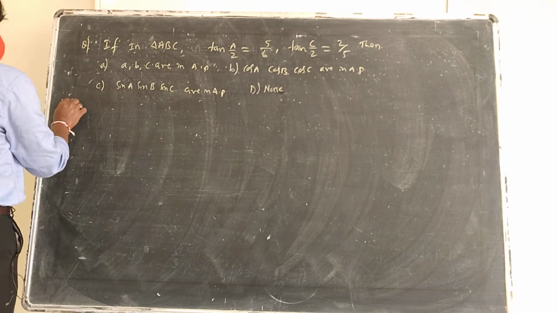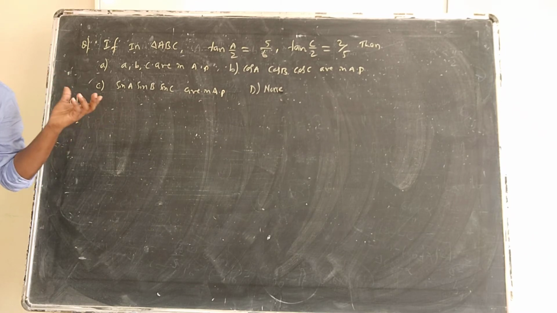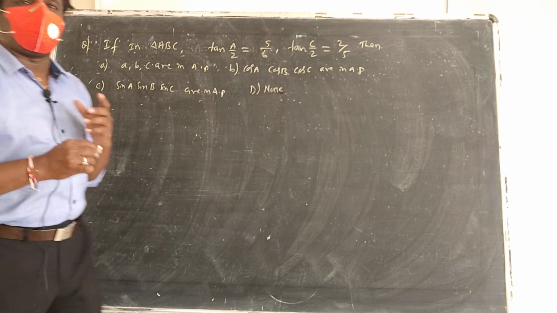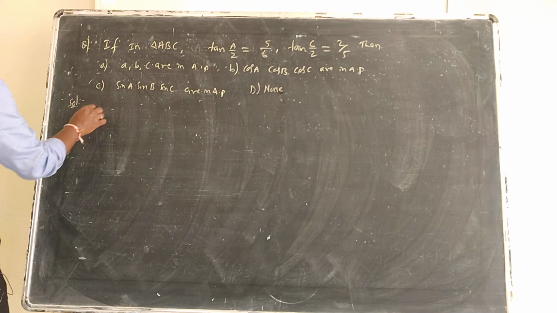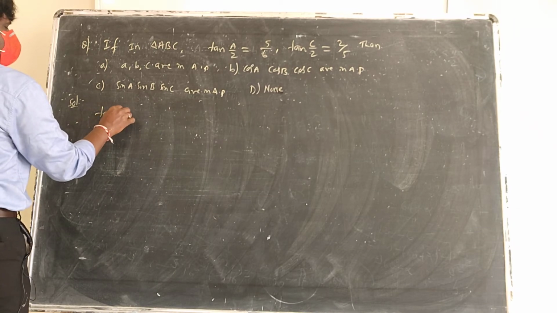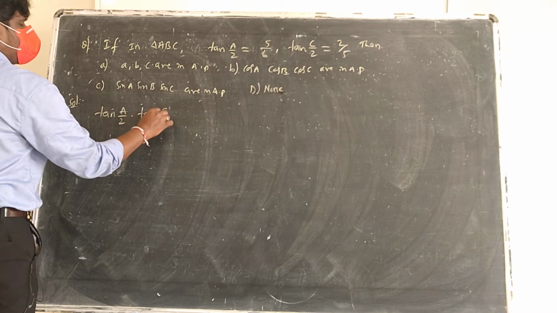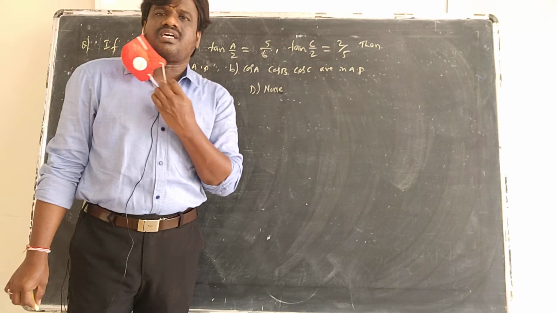Now here, in triangle ABC, tan A/2 is 5/6 and tan C/2 is 2/5. This is a half angle law question. Yesterday I explained Napier's law and the half angle laws. So tan A/2, half angle formula, can anybody tell me? Tan A/2 into tan C/2, half angle law formula. Tell me fast, what is the half angle law?